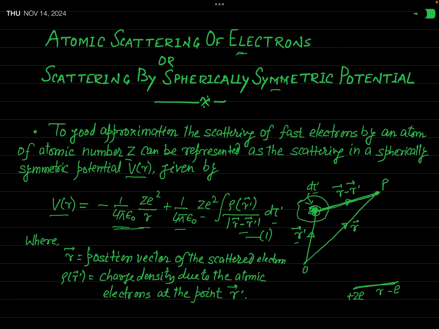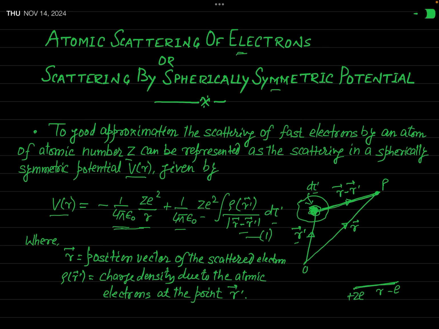But here, we have shifted the origin to the position r dashed and considered the source there, and we consider that the electron cloud is distributed in this atom, and in this condition we define an elementary volume.